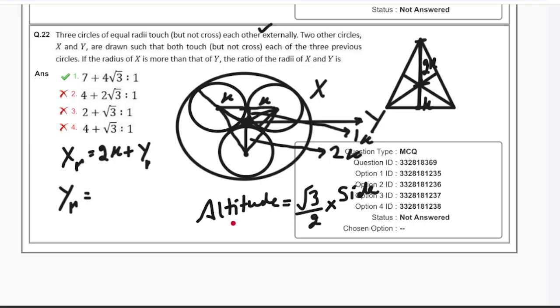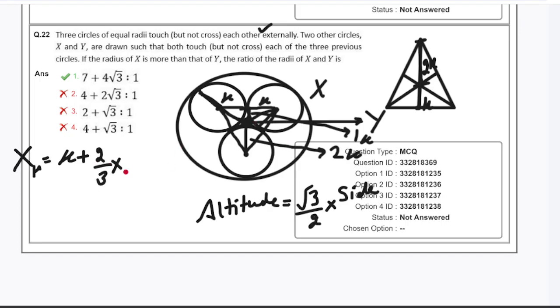Now if we just revise these formulas, the radius of the bigger circle x will be x plus 2 by 3 of the altitude, that is root 3 by 2 into side, that is 2x.